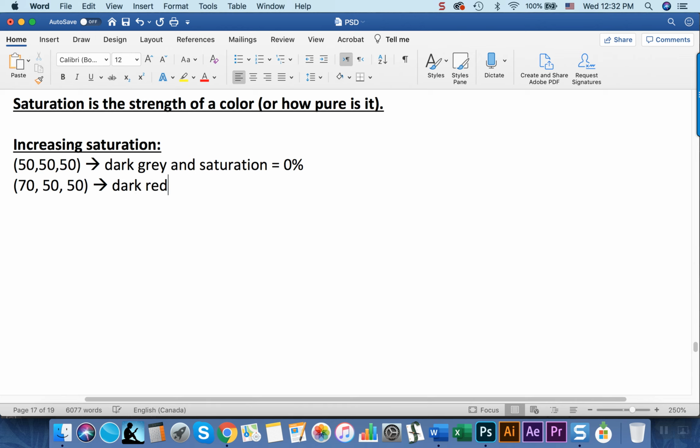We have to call it dark red. Why do we call it dark red? Because the red is higher than the other two. It's not grayscale anymore. But we also can say that the saturation is low. Why low saturation? Because we only added 20 units of red. What's the whole range of red? 0 to 255. And we added less than 10% of that. So we added 20 units only.